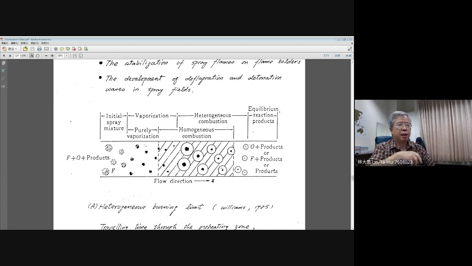This mixture contains gaseous oxygen and some fuel vapor evaporated earlier in the beginning, and also has some liquid droplets, okay?